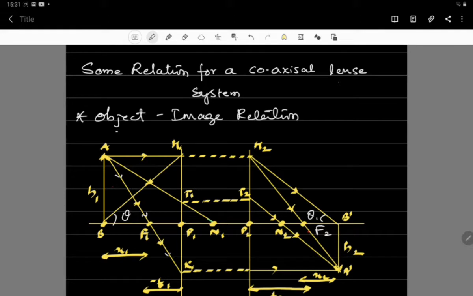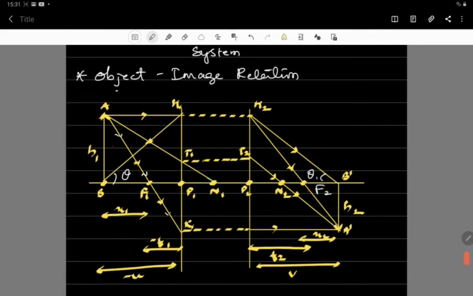So that is the Newton's graphical representation like this. In the last class we drew the graphical representation of Newton's formula, and here we are going to see the object and image relation. What is the relation between the object and image?